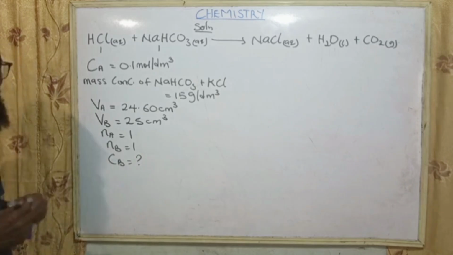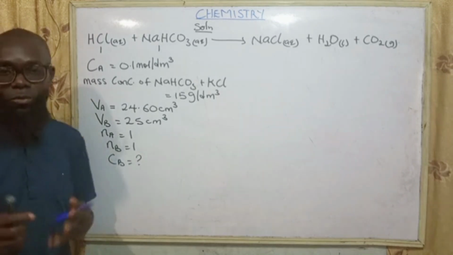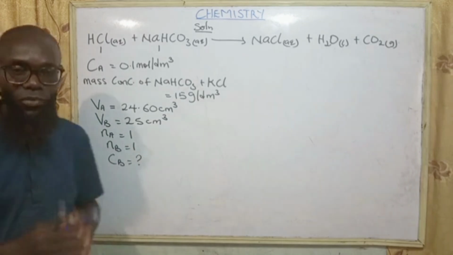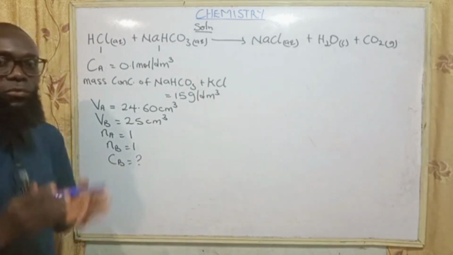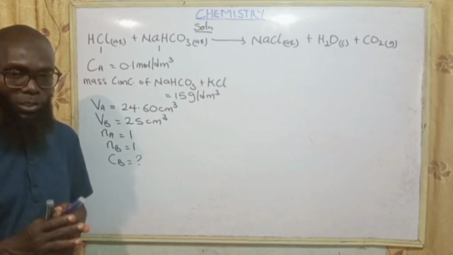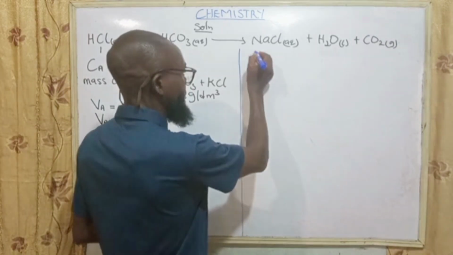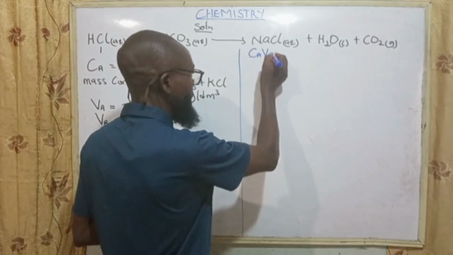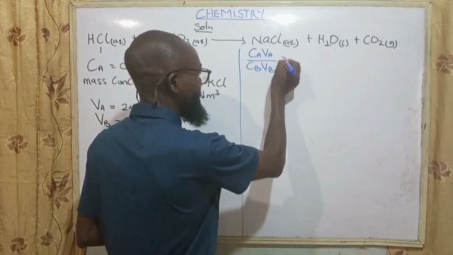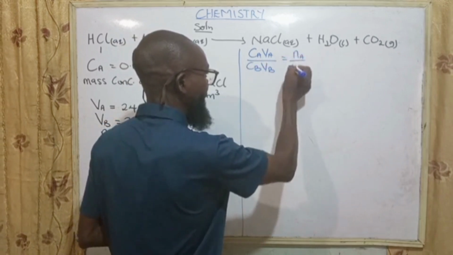So from this information, we are told to now get the concentration of the base, the unknown. From here, we can use one of the formulae that we have taught before, that is CaVa over CbVb is equal to Na over Nb.